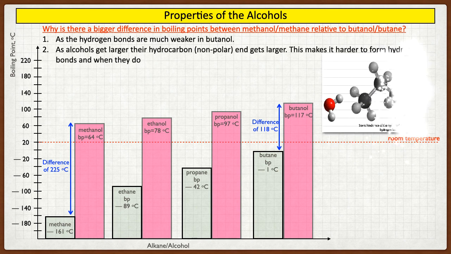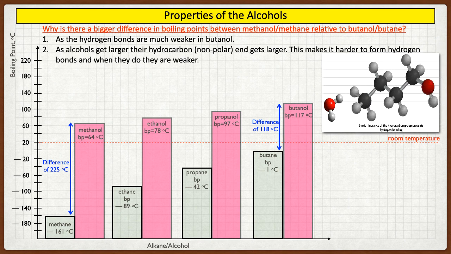And that's because, and you'll see this diagram in your notes, if you look at a molecule of butanol, most of it, this hydrocarbon end here, is non-polar. As the non-polar component gets bigger and bigger as you go through the alcohols, it takes on the form mainly of a non-polar molecule, even though it has a polar end.